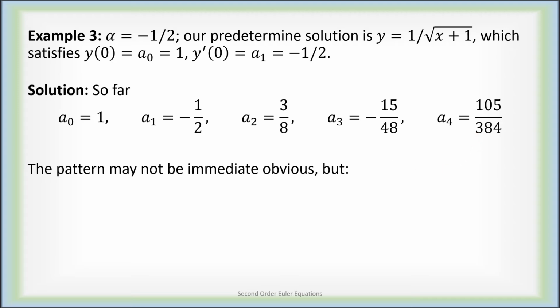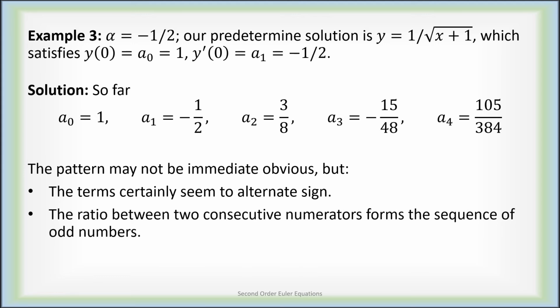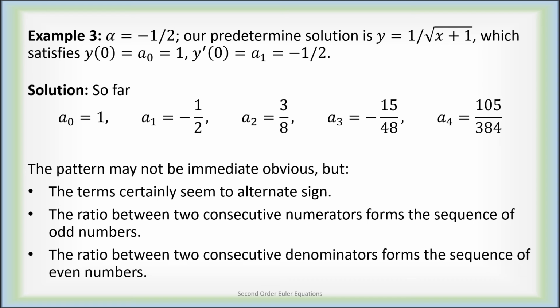So the numerator appears to be a product of consecutive odd numbers, and the denominator appears to be a product of consecutive even numbers. They definitely also alternate sign. And we have this product of odd numbers making the numerators and product of even numbers making the denominators. So altogether, maybe we can come up with a good conjecture about what a sub i in general will be equal to.